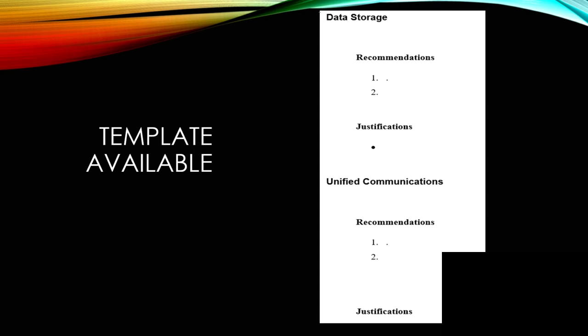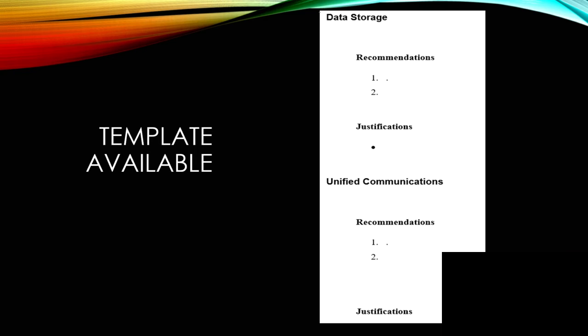There is a template available. It kind of looks like this, so I'm going to give you an idea of what it looks like. When you see at the very top data storage, that's a target area. So you will be covering 5 target areas, and you are told which ones they are. In the plan, there are a lot of different target areas, but you're only concentrating on the 5. The very first one is data storage, and you can see that I have that heading for data storage.